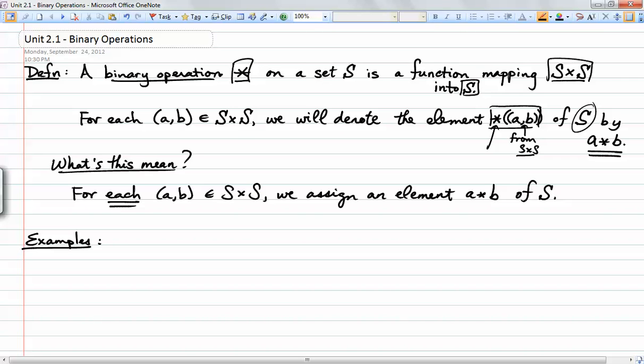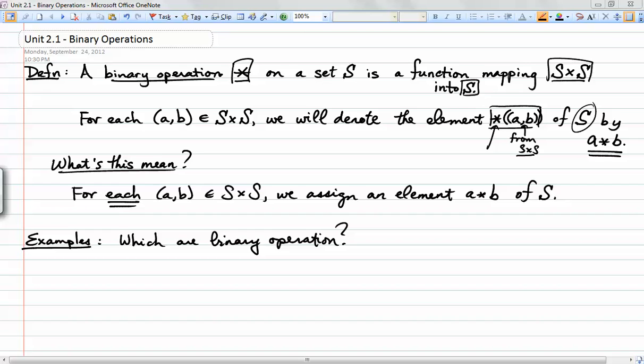And in this case, we'll ask which are binary operations. Now, when you mention a binary operation, you have to mention what the set S is too.